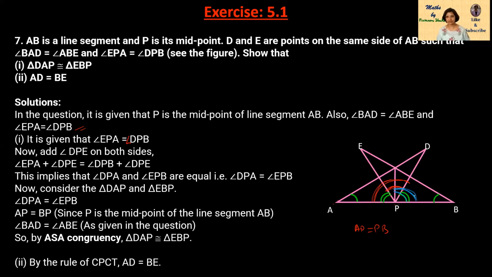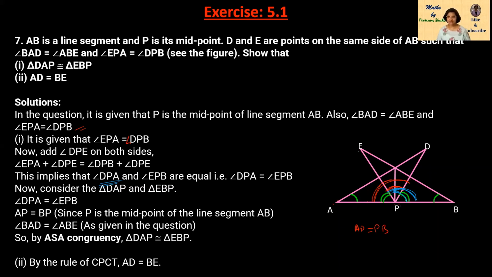And what are these angles? These angles are APD, right? Angle APD or DPA. This is DPA and EPB. These are the equal angles in both the triangles, right?